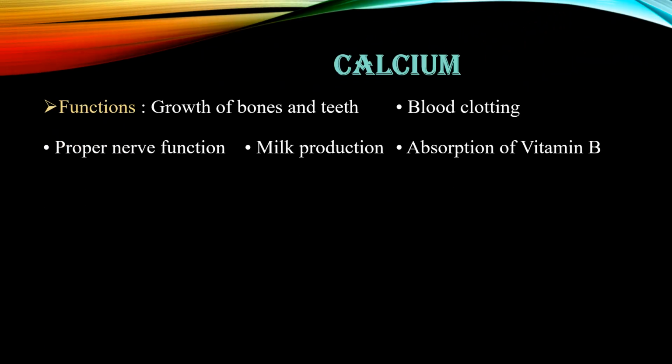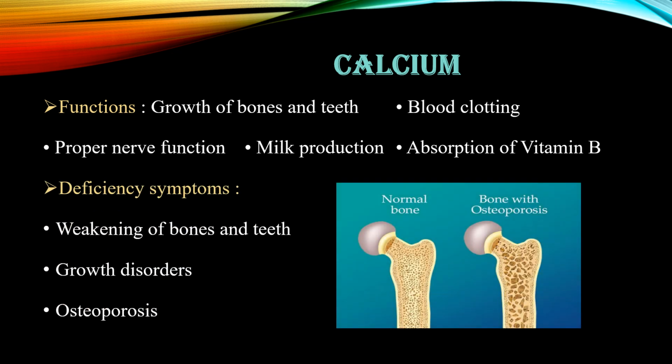Calcium. Functions: growth of bones and teeth, blood clotting, proper function of nerves, milk production, absorption of vitamin B. Deficiency symptoms: weakening of bones and teeth, growth disorders, and osteoporosis.